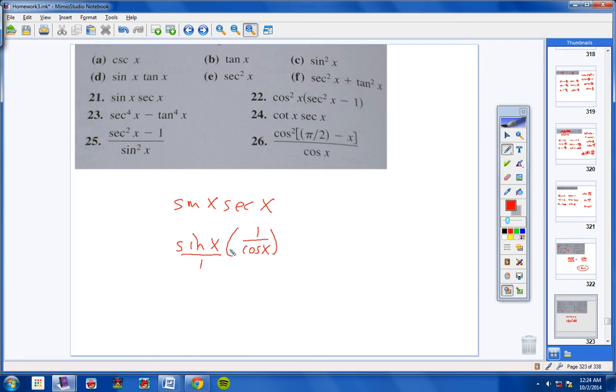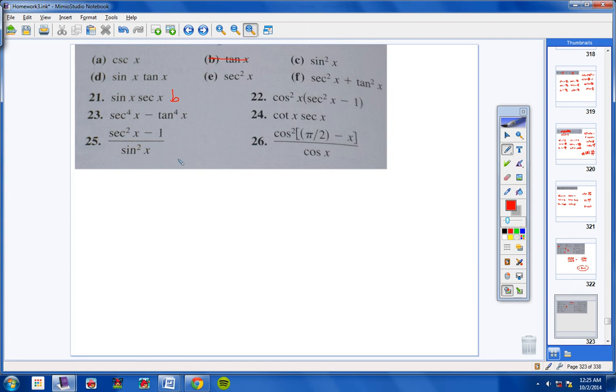All right, now let's go ahead and multiply these together. Sine times 1 would be sine. 1 times cosine would be cosine, and there we go. Sine over cosine is tangent. Do we have a tangent anywhere? Yep, right here. Letter B. Okay? All right.